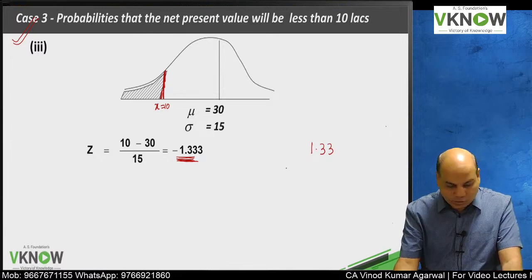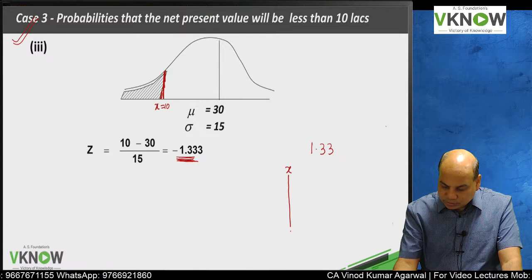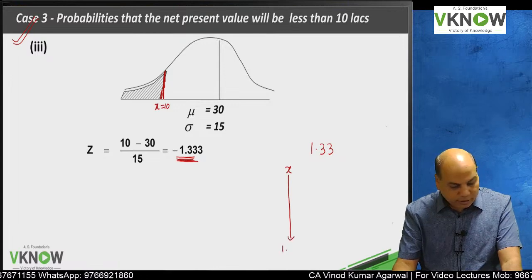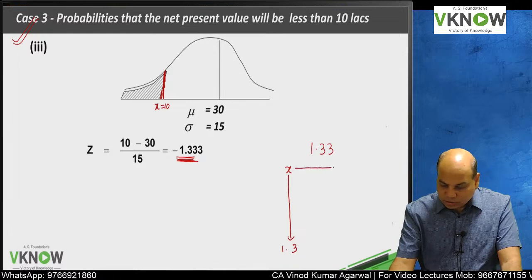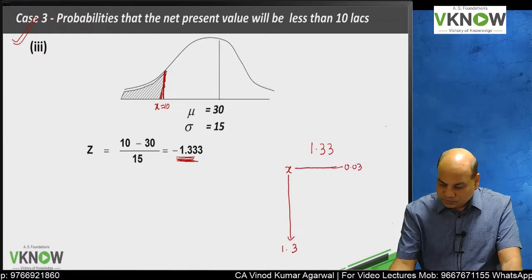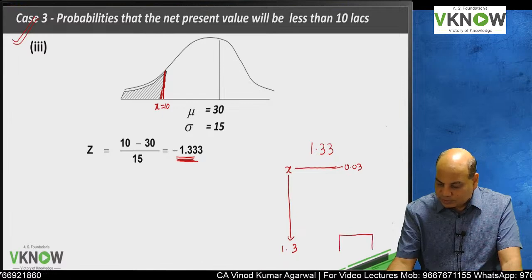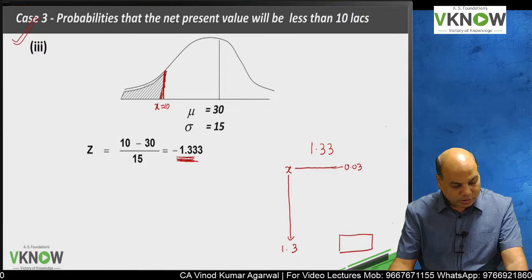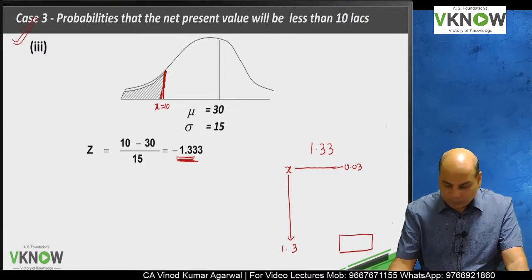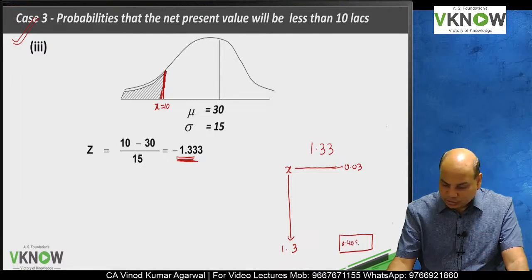1.33. So first you come to the first column. You will find 1.3 here, and then in the top columns you go to 0.03 and you find the probability here. Move right side 4 columns and you will find 0.40824.